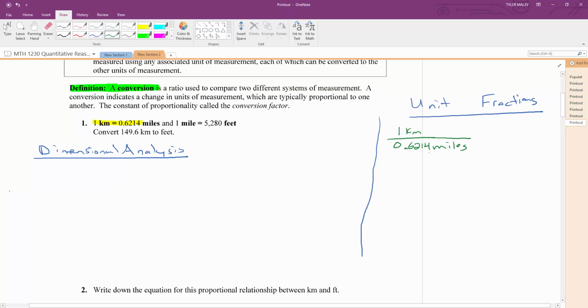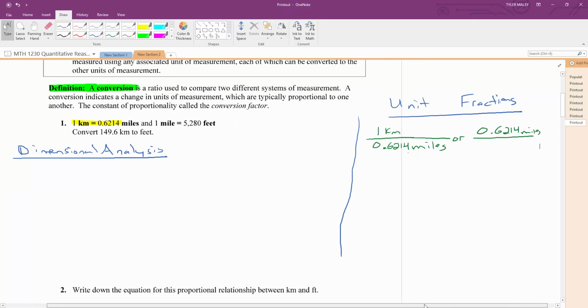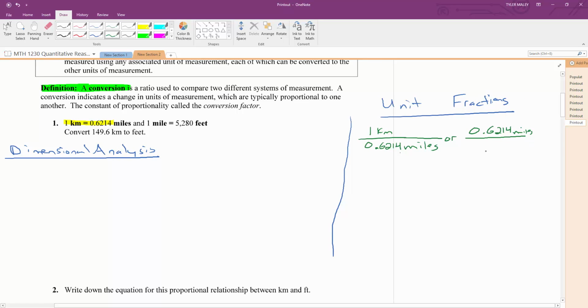We could also have the flip of this, the reciprocal: 0.6214 miles over 1 kilometer, right? And what we know is that 1 kilometer is equal to 0.6214 miles.